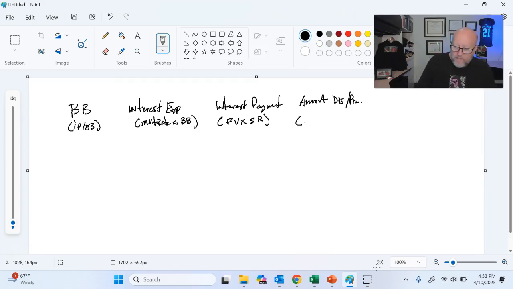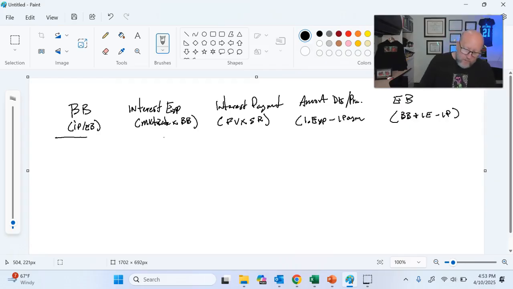And that is going to be my interest expense minus my interest payment. Then I'm going to have finally the ending balance. And that will be beginning balance plus my interest expense minus my interest payment.